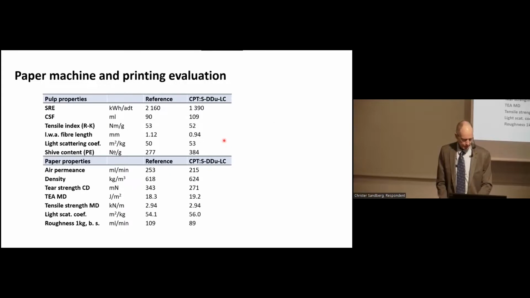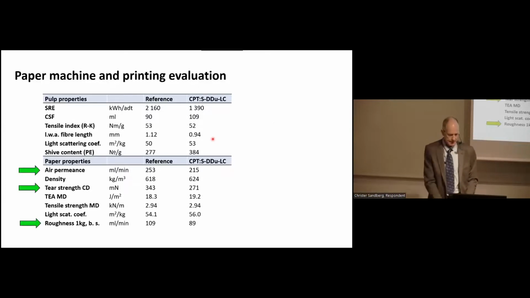And the properties that we produced here are pulp properties and paper properties. And what you can see is that even though the freeness of the pulp is higher for this extremely simplified process, the air permeance, which is important for printing paper, is lower, and the roughness is lower, but the tearing strength is clearly lower with this.